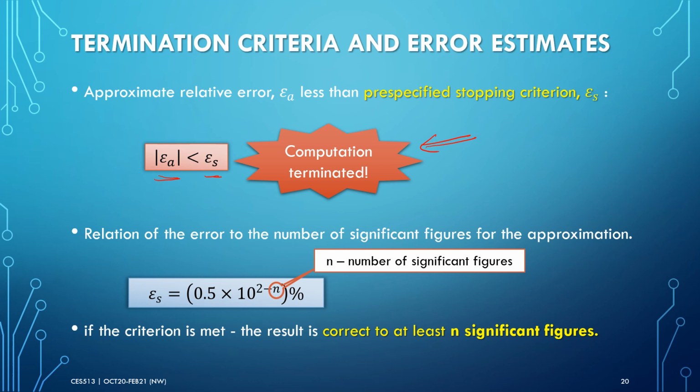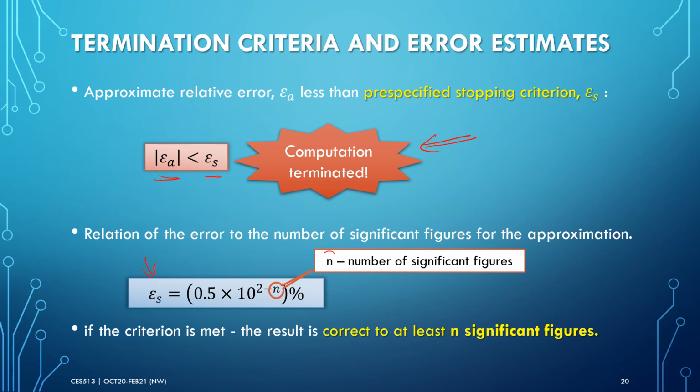It is also convenient to relate these errors to the number of significant figures for the approximation. The relationship can be seen from this equation where epsilon s, or the stopping criterion, equals 0.5 times 10 to the power of 2 minus n.